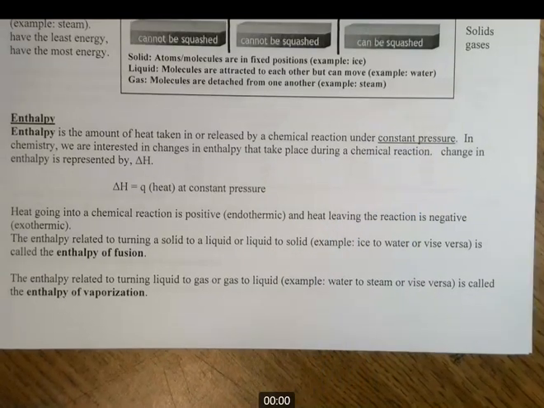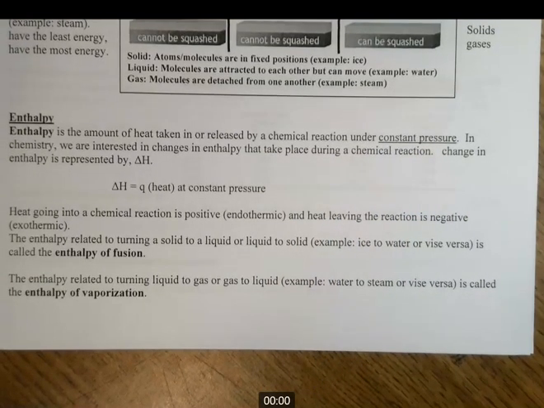Well, if you're doing an open air experiment in our chemistry lab and you have an open beaker, the pressure on that chemical reaction is the atmospheric pressure, which we've said at sea level is about 1 atmosphere. And that's not going to change. So that's what it means. It means it's an open air experiment. That's the way to think of constant pressure.